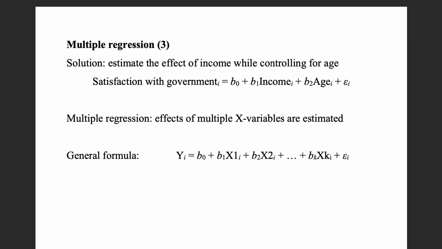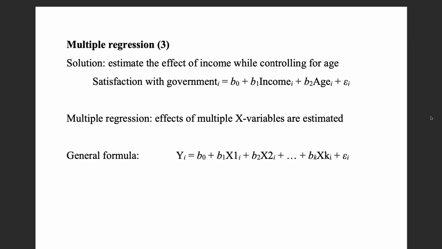So in general, we will have a formula where we say we still have our dependent variable y for each case i, that's equal to a constant value, b0, that's the same for everybody, plus b1 x1 now. So now we're using numbers to indicate what x variable we are talking about, because we can now have multiple x variables. So we'll have our first coefficient b1 for our first independent variable, which can take different values for different cases. We have plus b2, our second coefficient for our second independent variable, which can take different values for different cases.